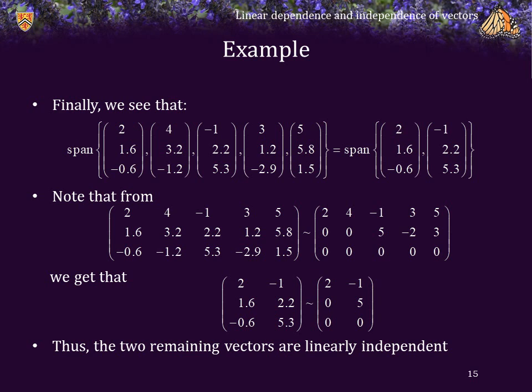We can no longer remove one of these vectors from the span and get the same original span. The span of any one of these vectors, which essentially is all scalar multiples of that vector, is a strict subspace of the span of these two vectors, which incidentally forms a plane in R3, and that plane must go through the origin.